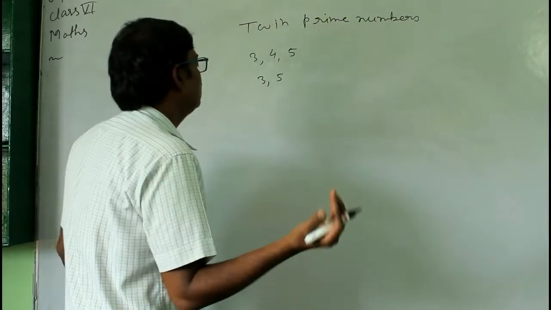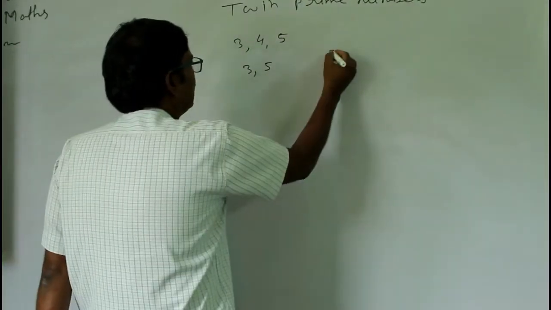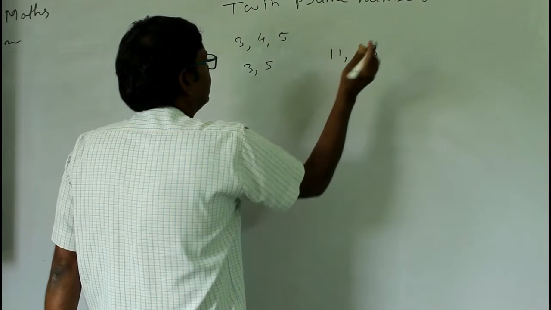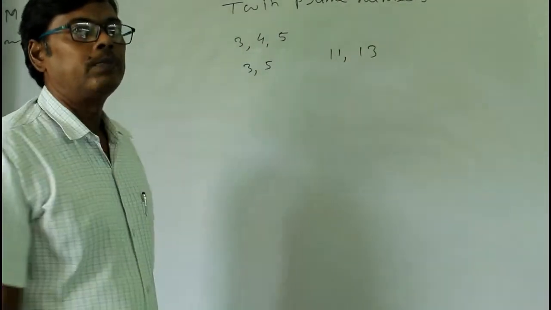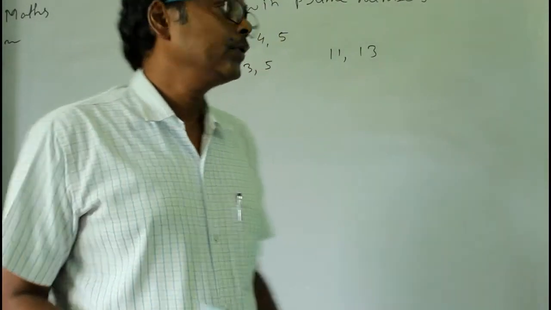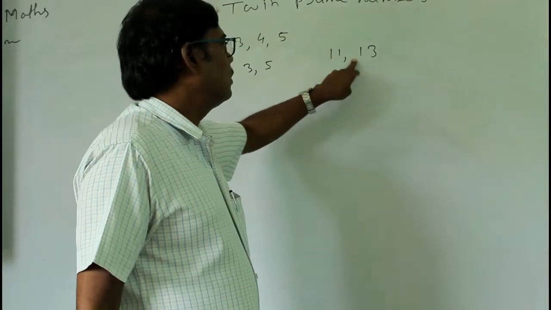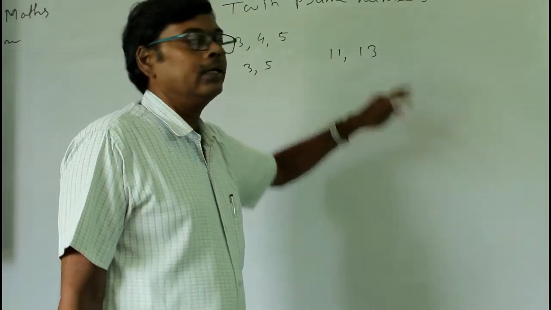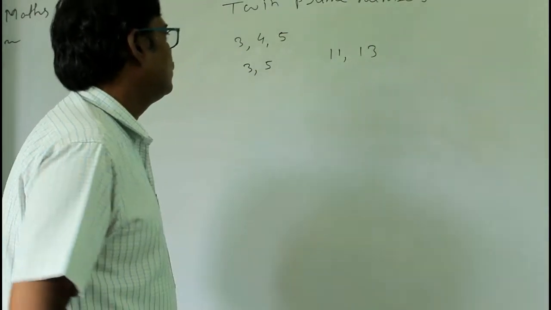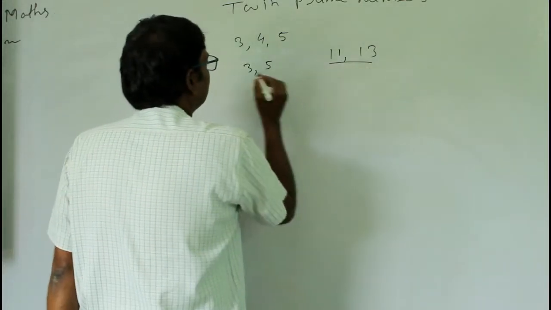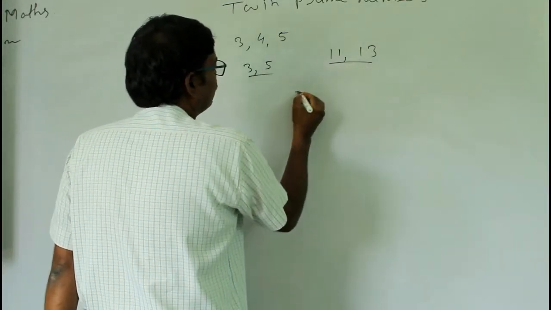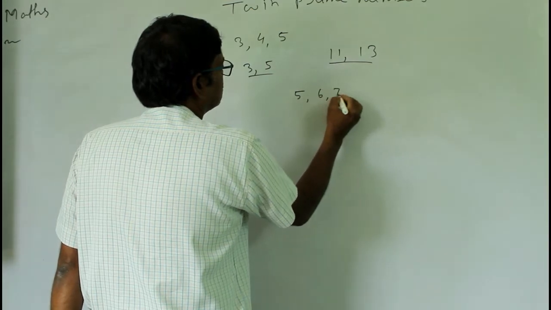Similarly, another example is 11 and 13. These are also twin prime numbers because there is only one number between 11 and 13. Then 3, 5, and see here 5, then 6, then 7.